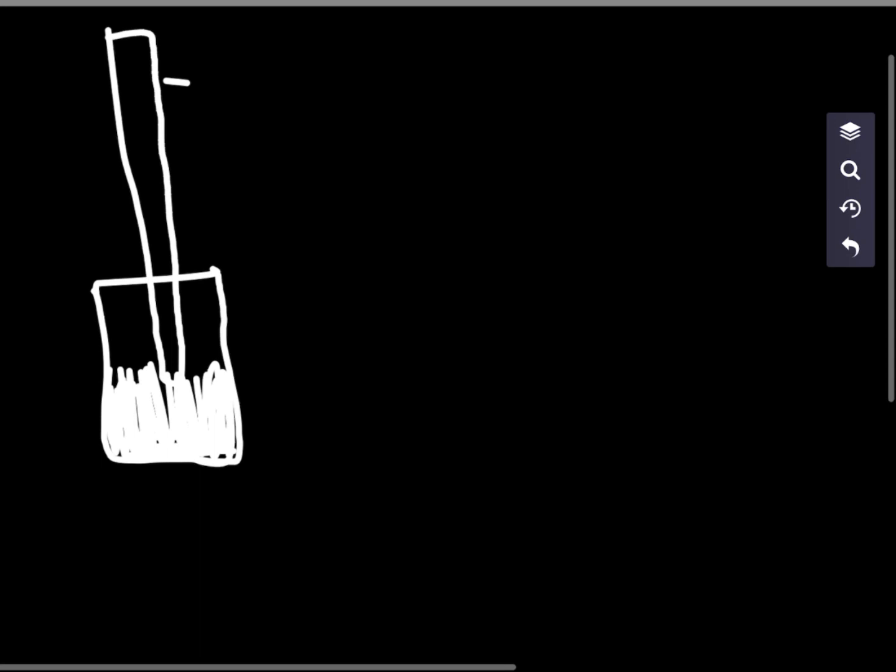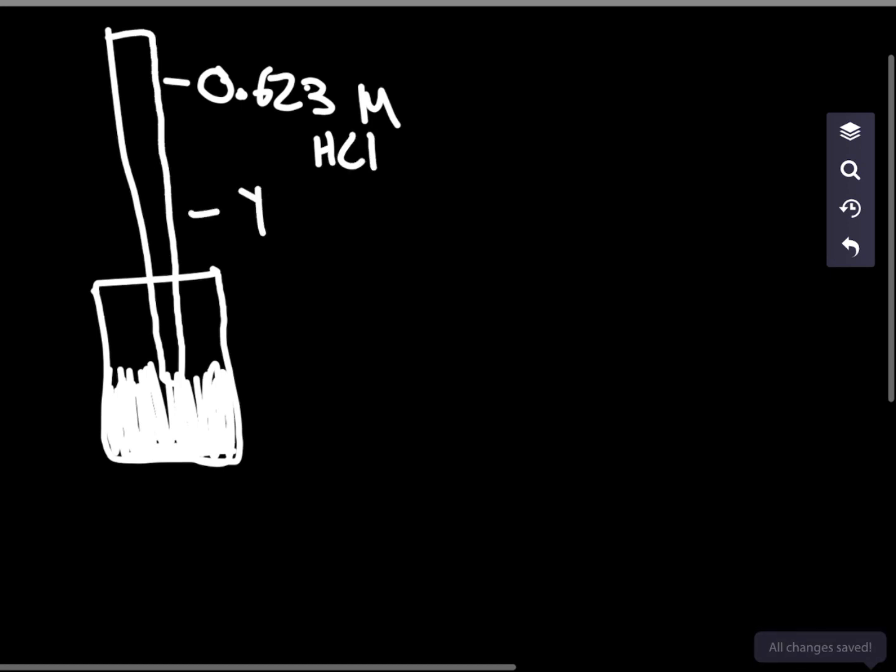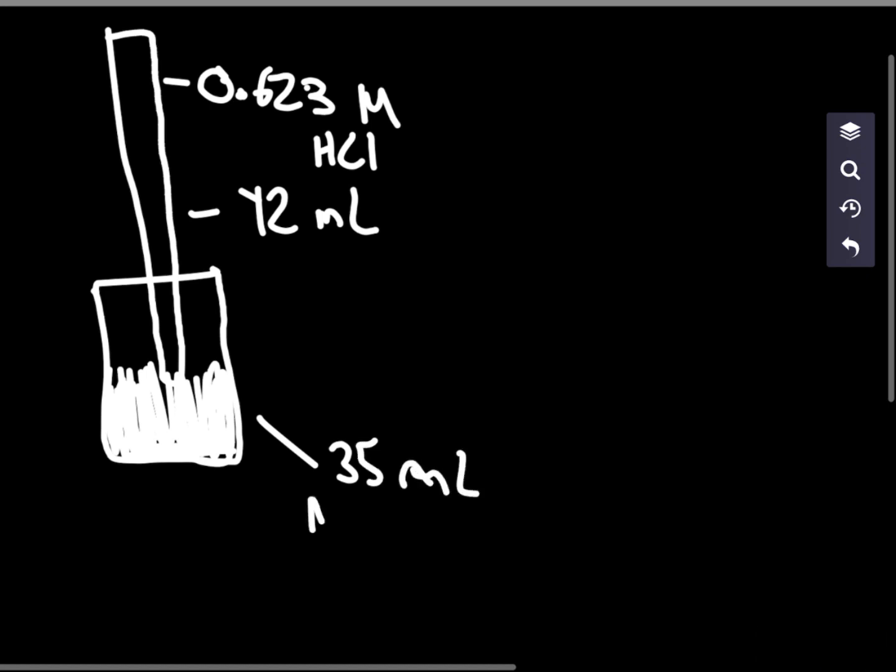And let's say we do another titration. Let's say we have 0.623 molar of HCl. Let's say we have 42 milliliters of that. And let's say that we have 35 milliliters of NaOH.